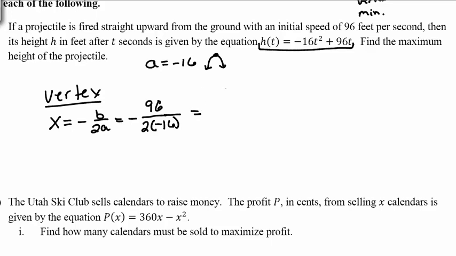Okay, so now let's do that calculation. So we have negative 96 over negative 32.